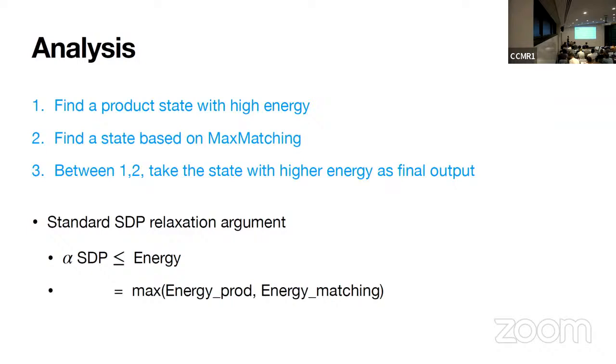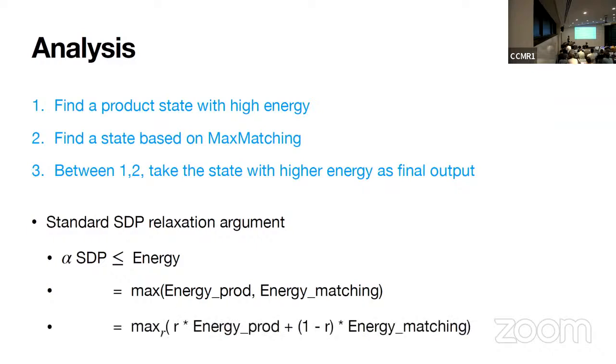Because of this algorithm design, the final energy is the maximum of the energy of the product state and the energy of the matching state. And this is equal to the maximum of a convex combination of the energy of the product state and the energy of the matching.